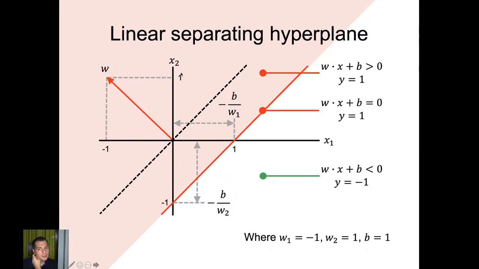If you write down this equation, so this will be x1.